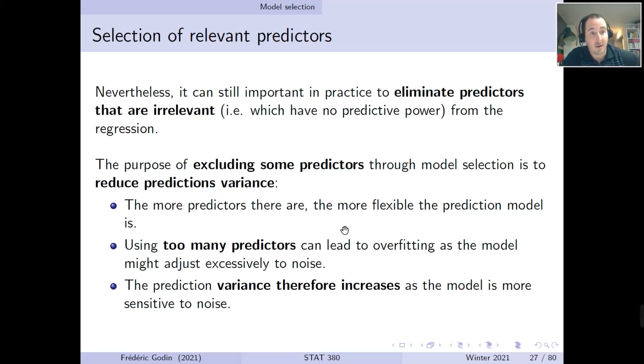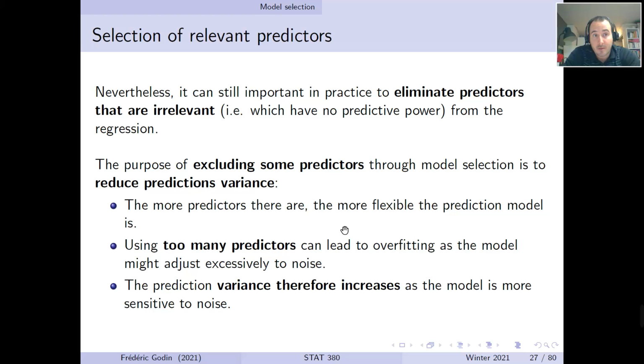So if some predictors are irrelevant in the regression, so let's say you regress your response y on predictors x1, x2, x3. Let's say x2 has no impact on y. Okay, so there the y is just independent from x2.